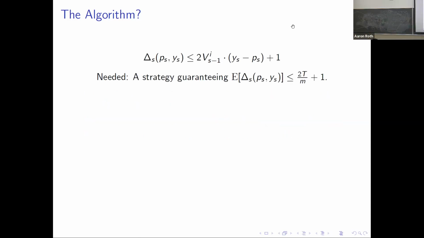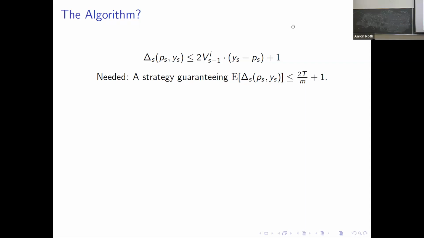So remember what we need to do. We know that the increase in our calibration loss, as a result of what we do today and the actual outcome today, what prediction we make and whether it rains or not, is upper bounded by this expression, which is 2 times some number, our historical calibration loss in the bucket we predict. We can't do anything about what that number is.